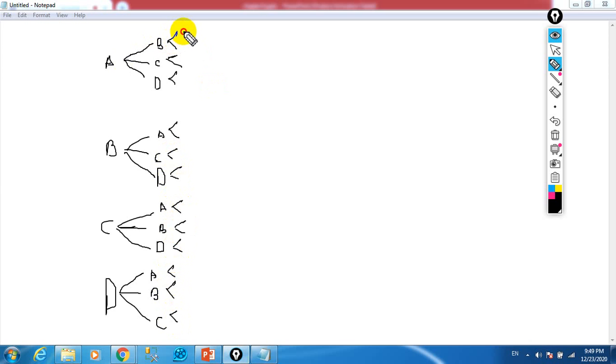So here we will have ABCD, ACBD, ADBC, then BACD, BCAD, BD and AC here. Then CABD, CBAD, and here we write AD. We also take CD, AB, and D with ABC. So now the two combinations with D and C will be A and B.